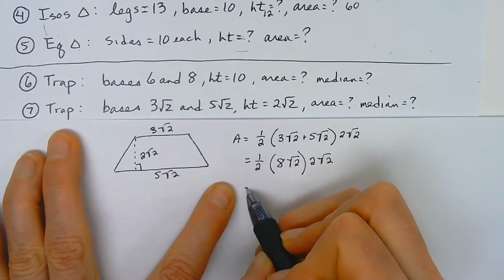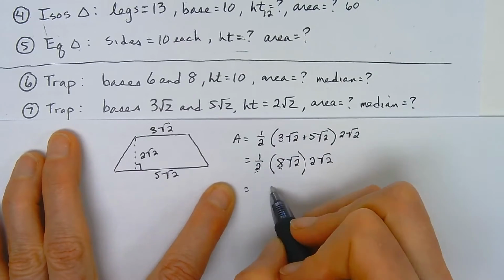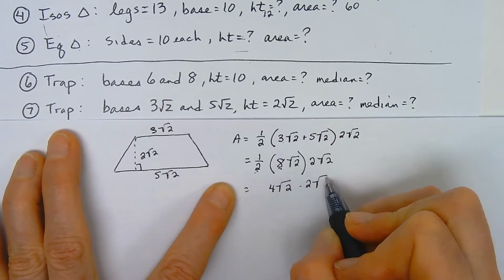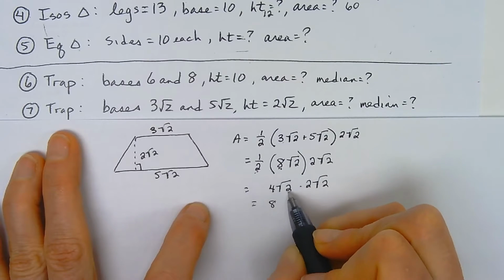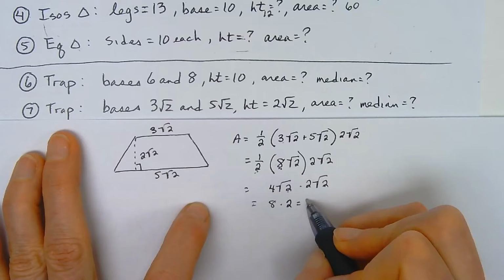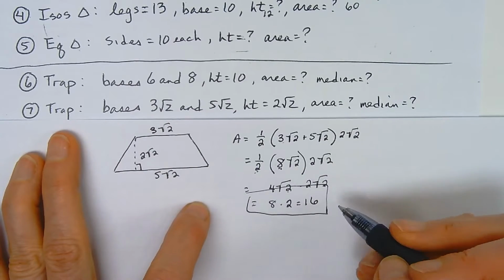Well, I can multiply 1/2 times 8. 1/2 of 8 is 4, so that's 4 rad 2, and I'm going to multiply it by 2 rad 2, and altogether that's going to be 8. And then rad 2 times rad 2 is 2, and so the final answer is 16. The area of this trapezoid is 16.